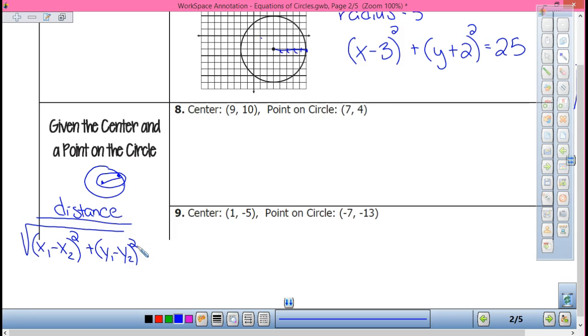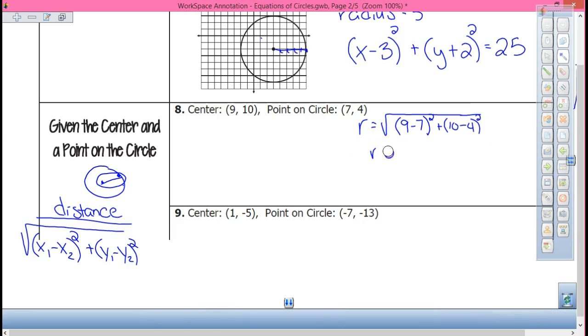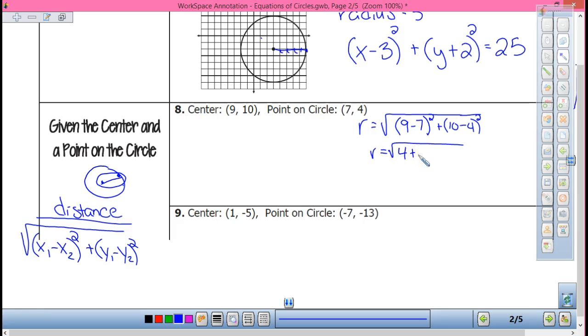Right? So we need to find our radius. Radius equals the square root of, what's my x1? 9 minus 7, because it's my x's and my 2 points, squared, plus my y's, 10 minus my other y, 4, squared. So r equals the square root of (9 - 7)² + (10 - 4)², 4 plus 36.